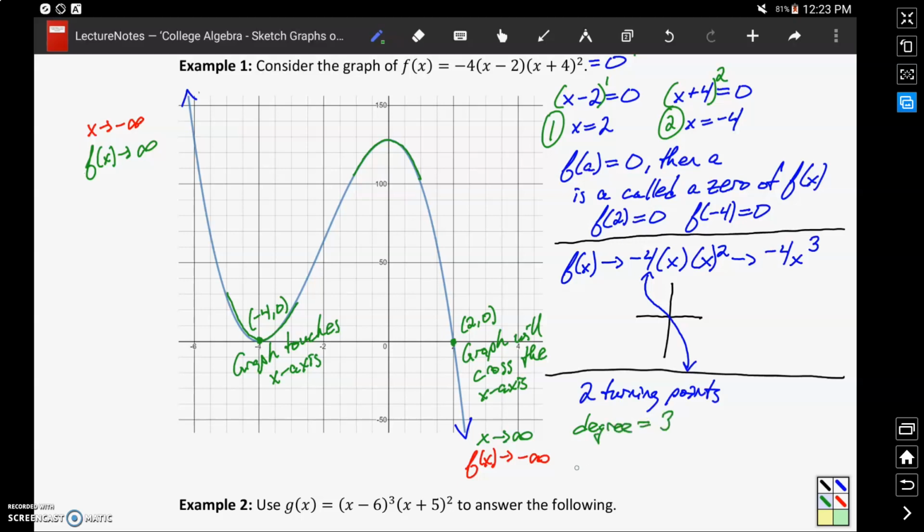And the maximum number of turning points that a function can have is equal to n minus 1, where n is equal to the degree of that polynomial. So just looking at this function, once we identify that it's a 3rd degree, we know that this function could have at most 2 turning points. In this case, it has exactly 2, but 2 would be the maximum number.